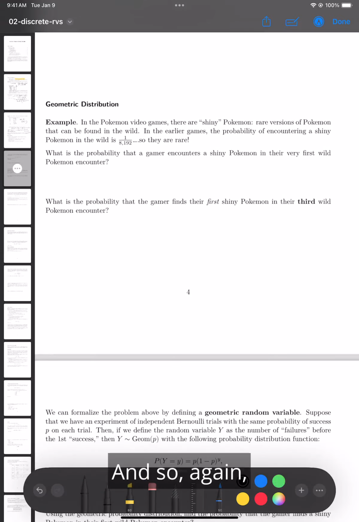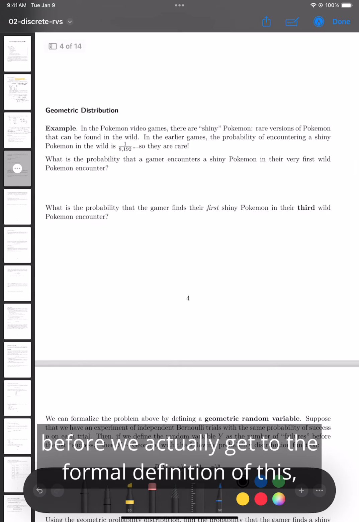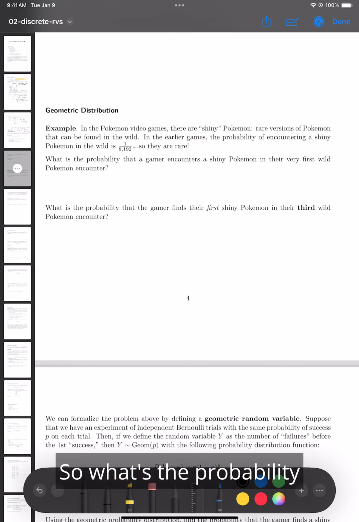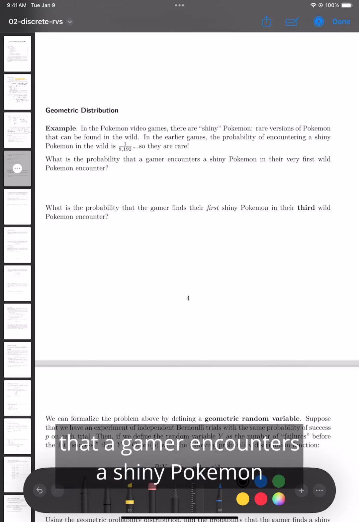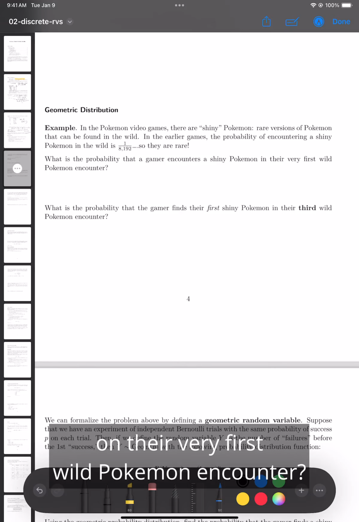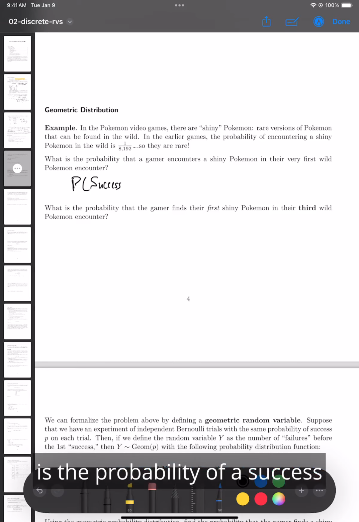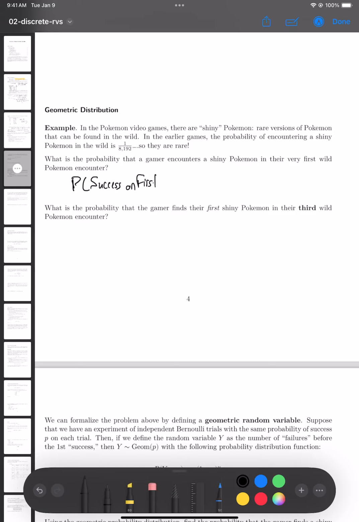And so, again, before we actually get to the formal definition of this, we'll answer a couple questions. So what's the probability that a gamer encounters a shiny Pokemon on their very first wild Pokemon encounter? And so this is the probability of a success on the first try.